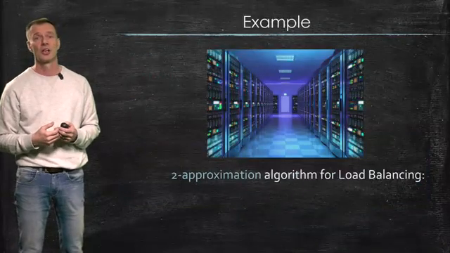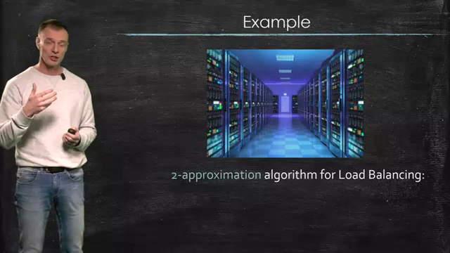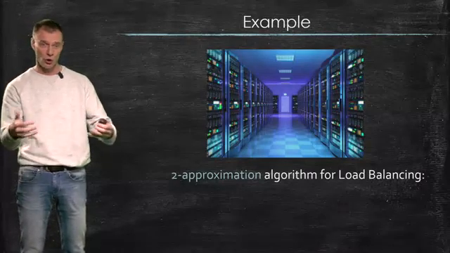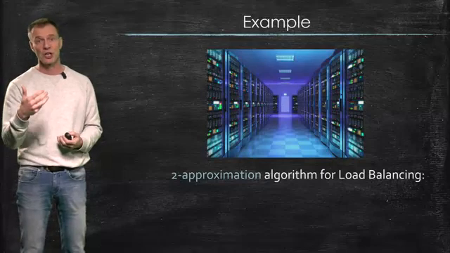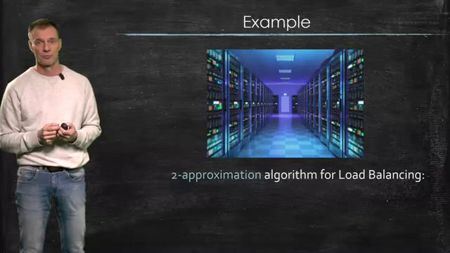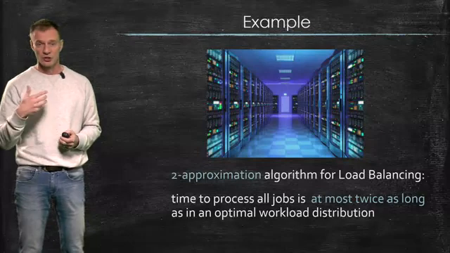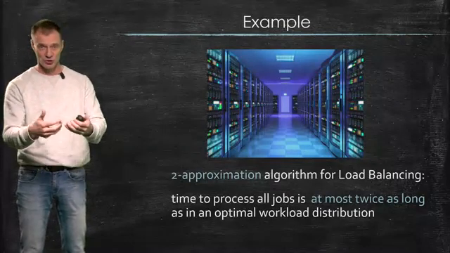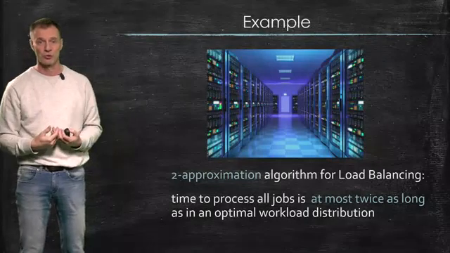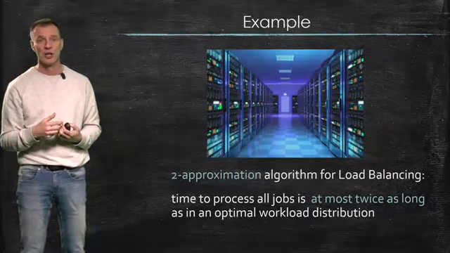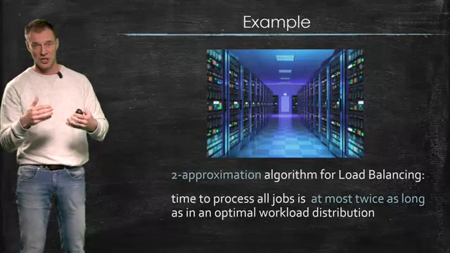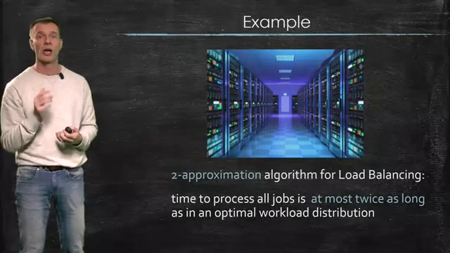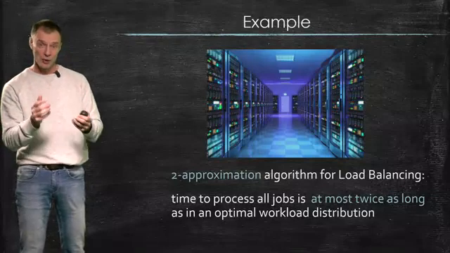So let's look at an example. In this load balancing problem, where we have to distribute jobs over machines, what is a 2 approximation algorithm? Well, it's an algorithm that computes a valid distribution, so it assigns all the jobs to one of the machines in such a way that the total time it takes until all the jobs are finished is at most 2 times the optimal, the minimal possible time.